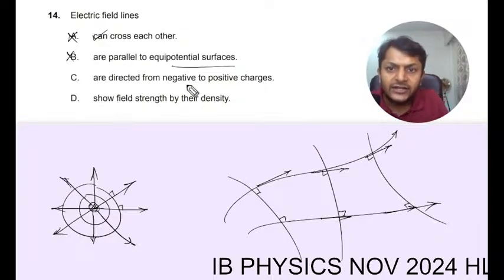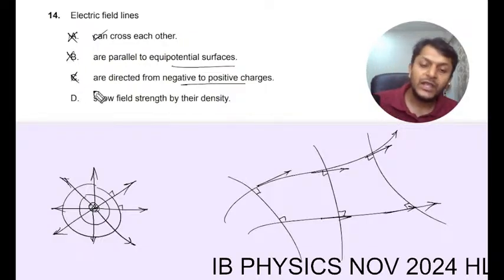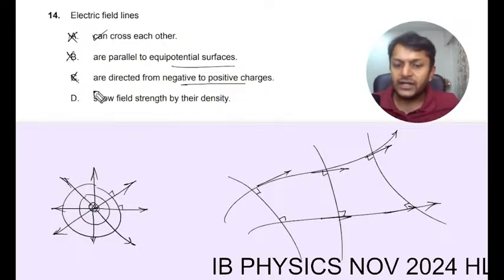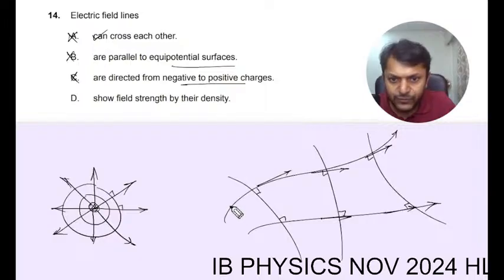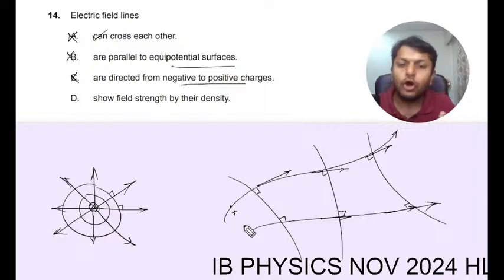See, they are directed from negative to positive charges. Well, this is absolutely wrong. Why? I have given you one definition of the electric field line. There is another definition. Let's say I have placed a very small positive charge here. Electric field lines are also defined as the path traveled by a very small positive charge when it is placed in the electric field.